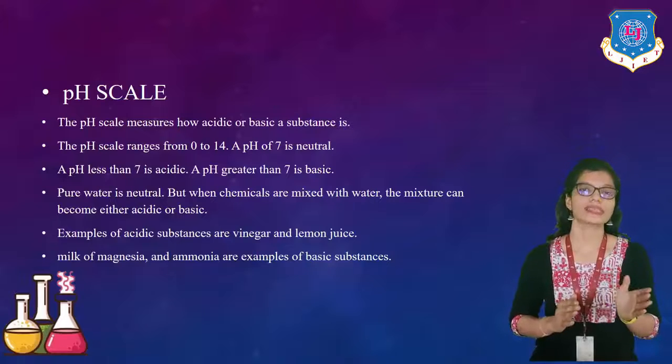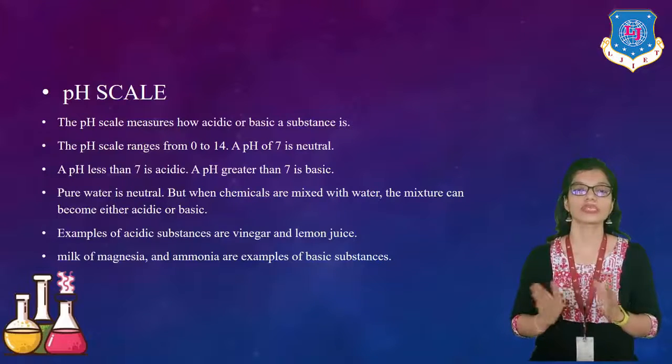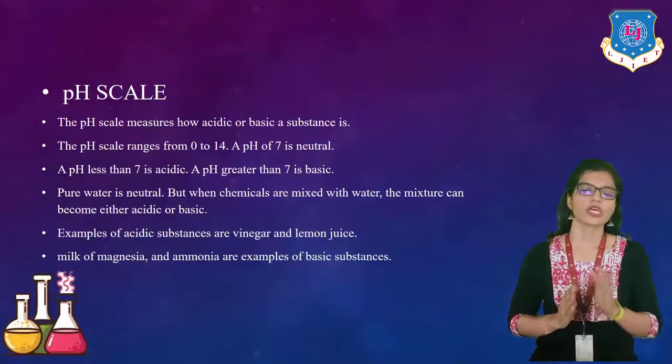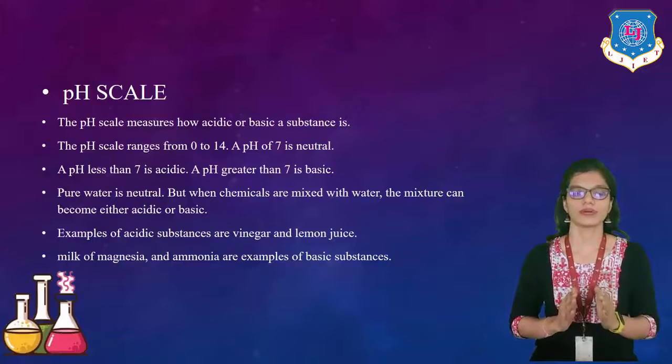So acidic and alkaline are the things that determine the nature of the substance. We have to understand here that a pH less than 7 is considered acidic in nature, while a pH greater than 7 is considered basic in nature.